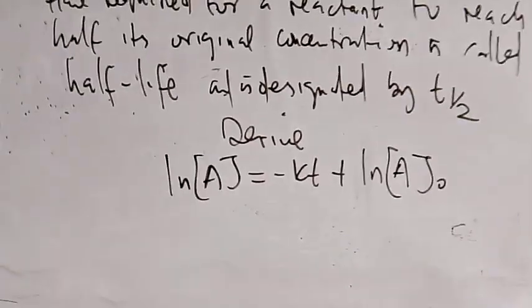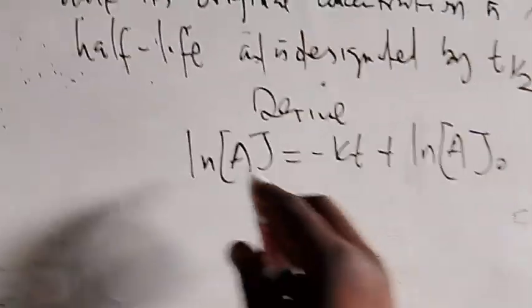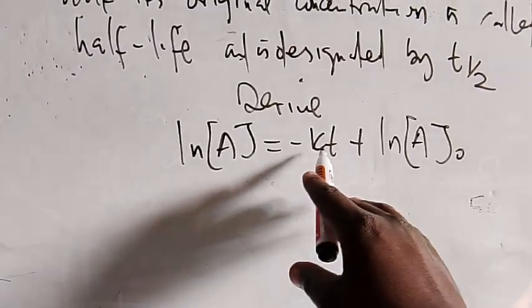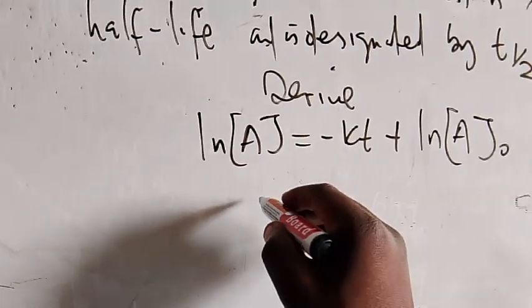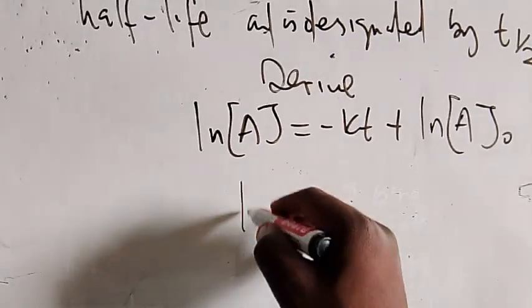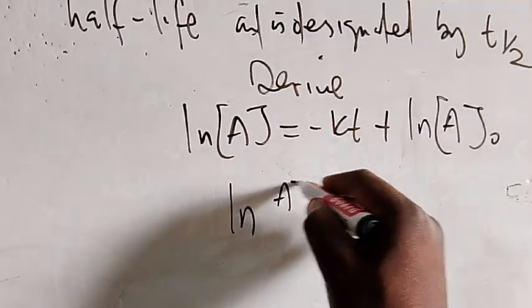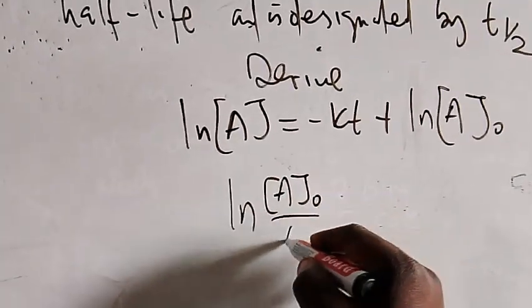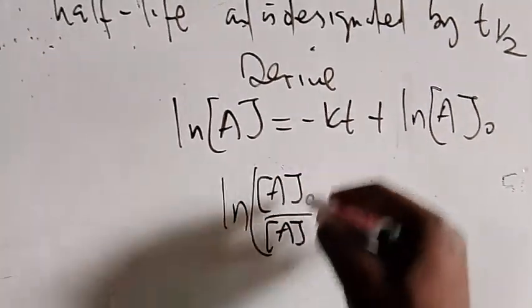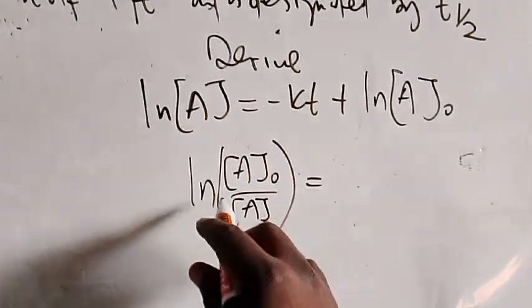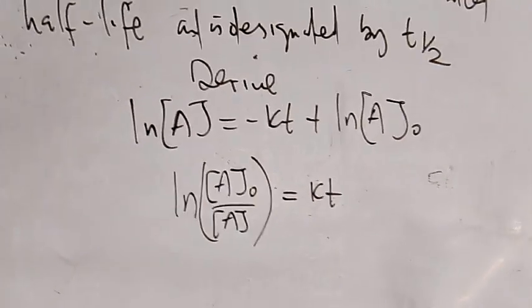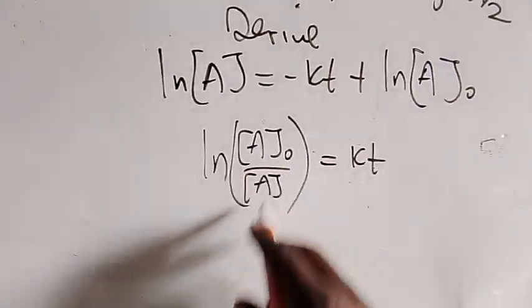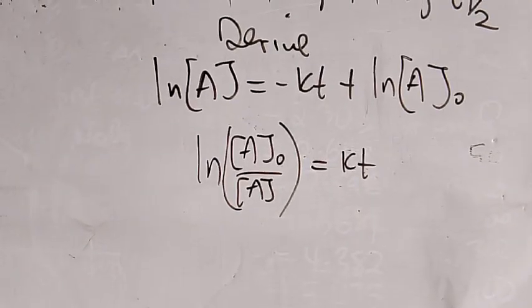Remember that the integrated rate law is ln A is equal to minus Kt plus ln A initial. So the ratio ln of A initial over A, which we derived earlier, is equal to Kt.